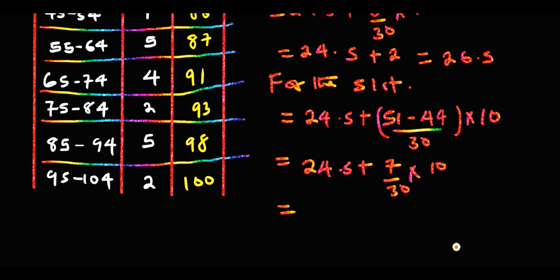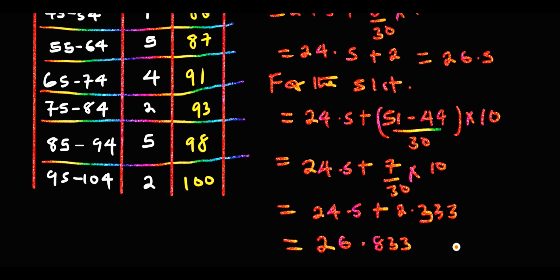You simplify that and you get 24.5 plus, if you simplify this one, you're going to get 2.3333 recurring. So you can truncate this so that you have 26.833. That is for the 51st.